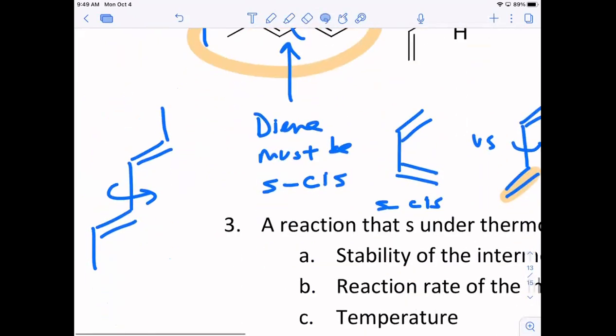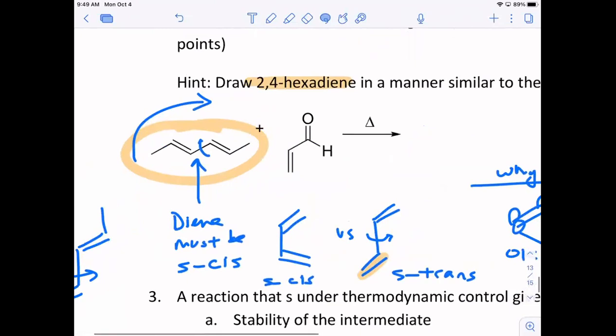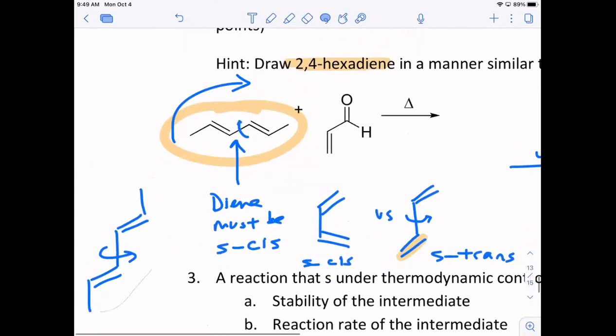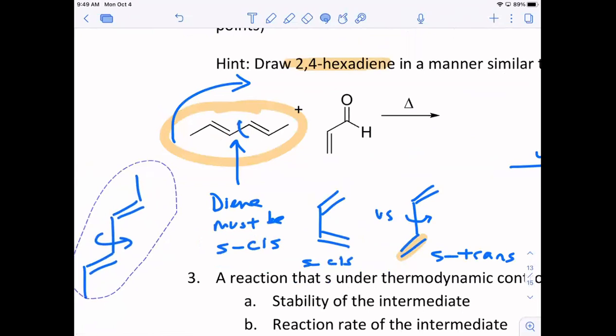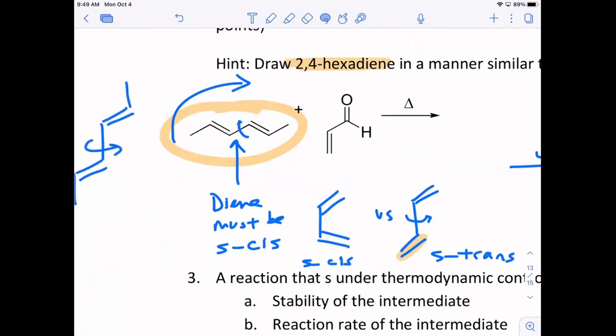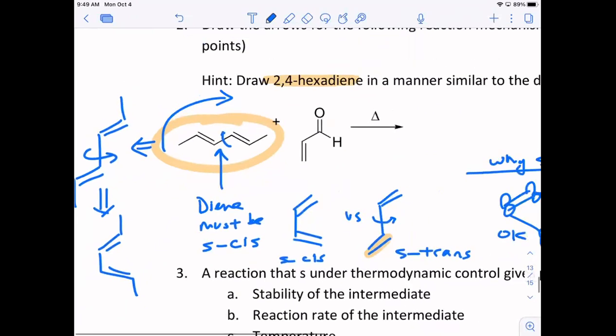Now I'll move this up. All right, so that's the conformation.